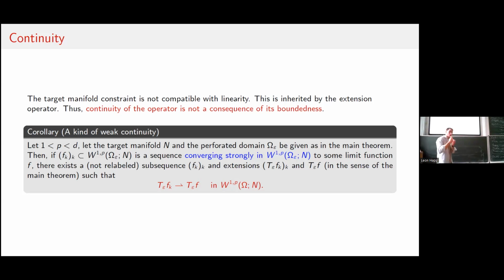Because as you might see, there is some element of choice in the construction of these extension operators. You have to pick some parameters at some point. And if you turn the screws mindfully at this step, you indeed can enforce this weak convergence at this point. Okay, I'll not go into detail on the proof here, but at least you have this result on the continuity.